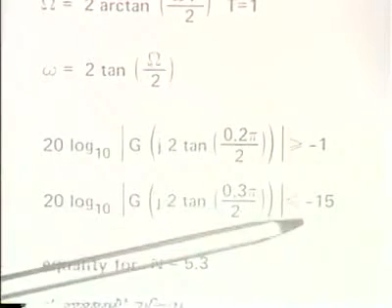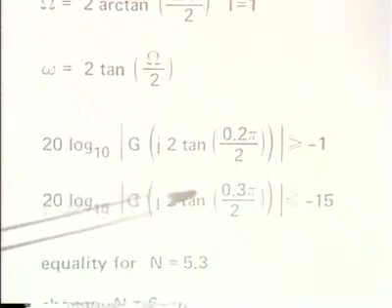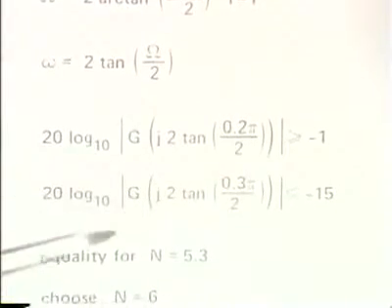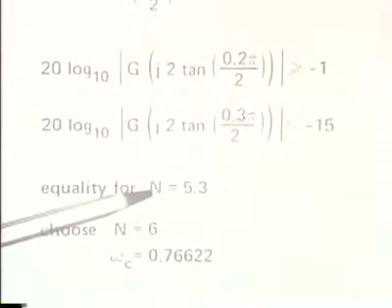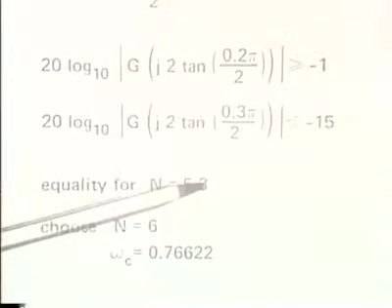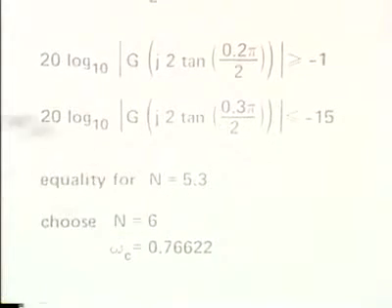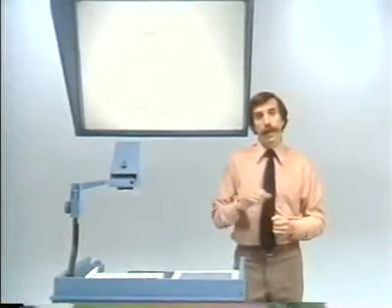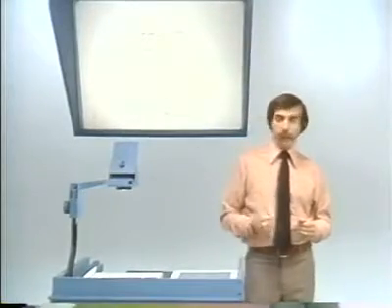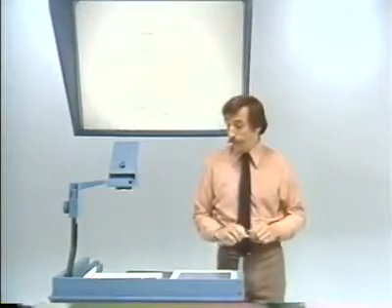Well, if you do that, what you'll find is that you get exact equality here if you pick capital N equal to 5.3. And again, we have the issue that if we want to meet or exceed the specifications, we can't make the filter order lower. We have to make it higher. And so instead of 5.3, we would make the filter order equal to 6.